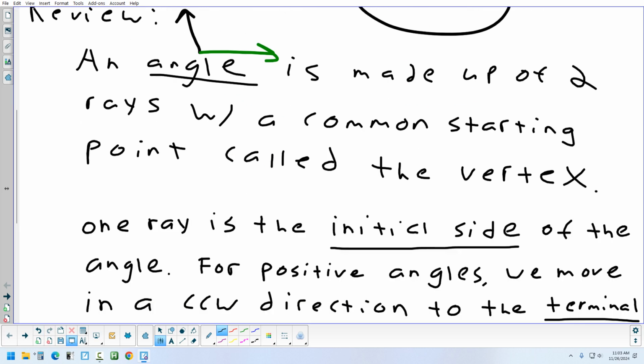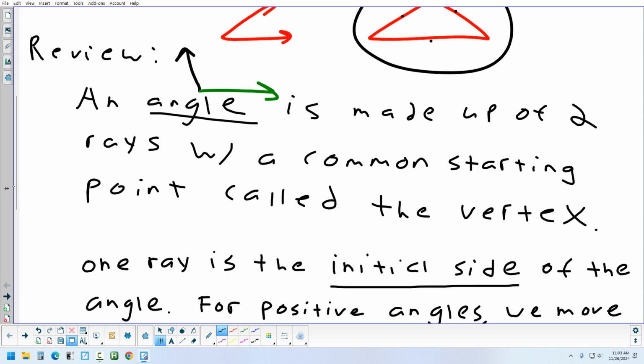When you draw an angle, one of the sides is called the initial, and the other side is the terminal. In that case, the green one is the initial, and the black one is the terminal.